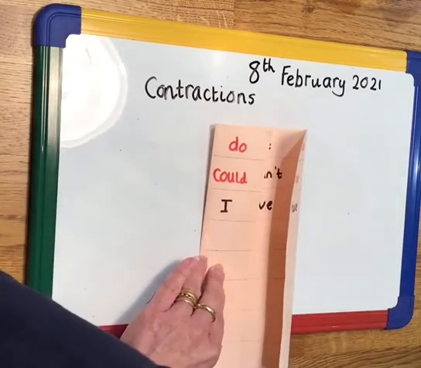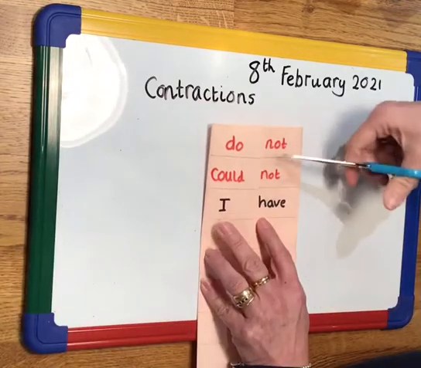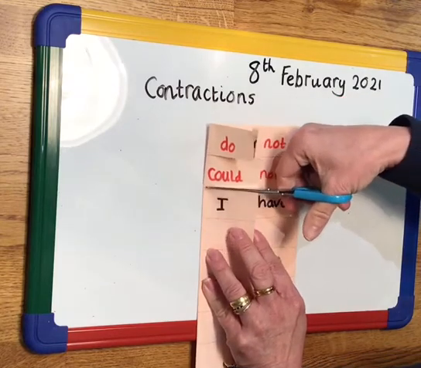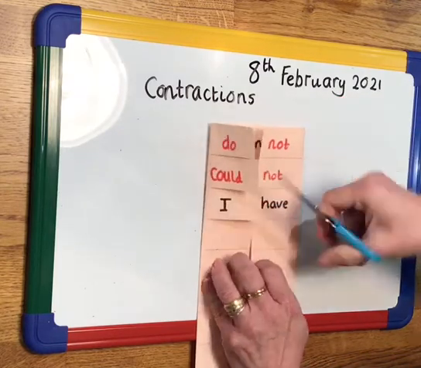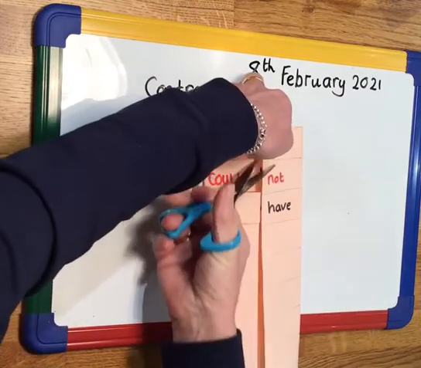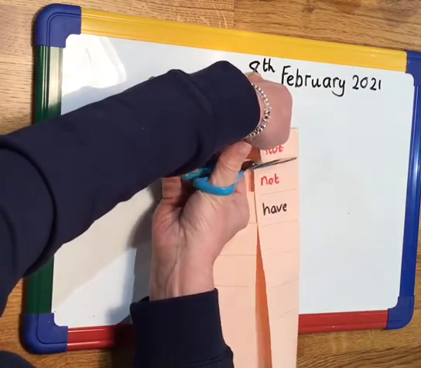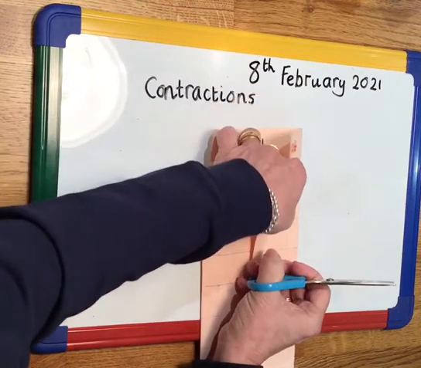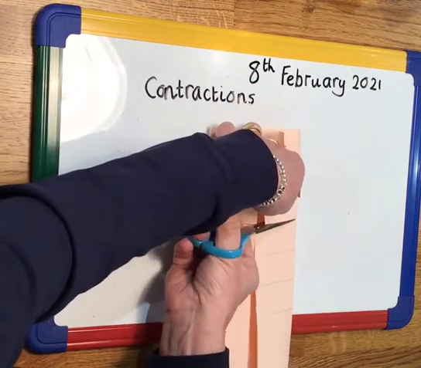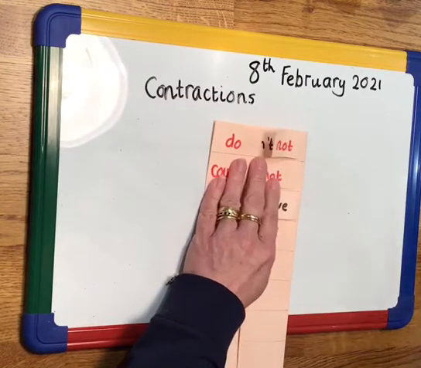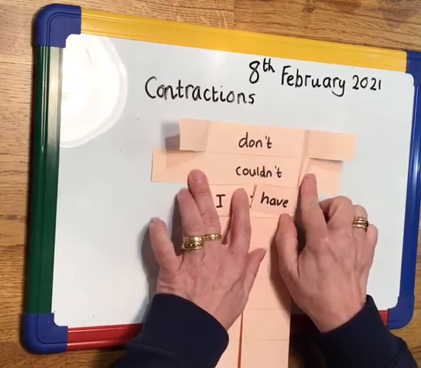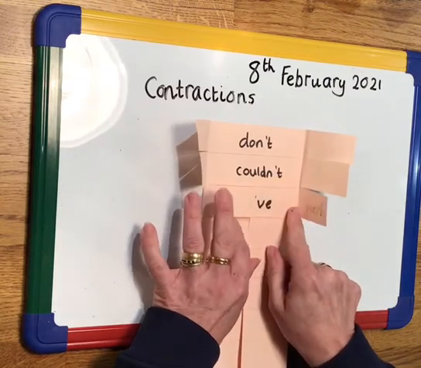And when they're done, you're going to snip across the lines really carefully on each side. I've only done the top 3 because you can see those on the video. And then when you open them up, you can see that do not becomes don't, could not becomes couldn't, I have becomes I've.